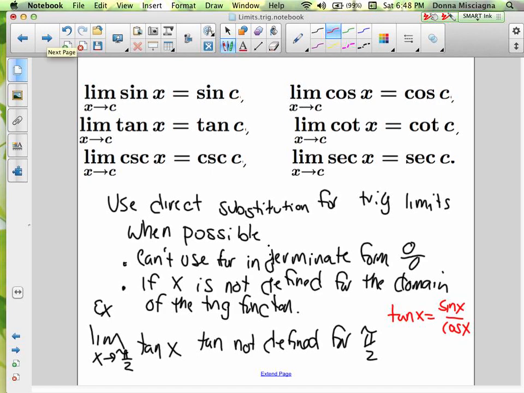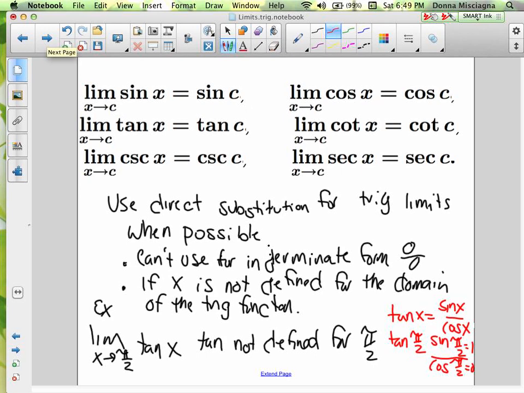So if we were to find tangent at pi halves, we'd end up with sine pi halves over cosine pi halves, and that would be a problem, right? Because that one would be 0. In this case, though, it's not indeterminate because sine pi halves is 1. So this one would just be a does not exist.